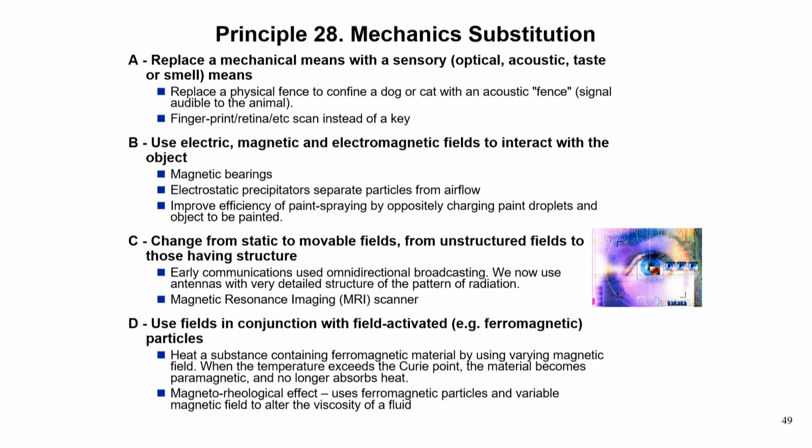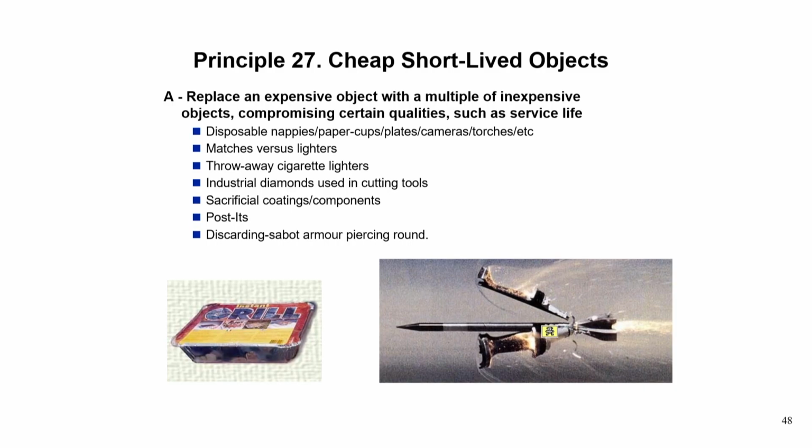So, that means if I can somehow think of a different way of opening or closing of the spec, I can actually make it stronger. And 27 is cheap short lived objects. So, people have utilized cheap short lived objects so that you can keep on changing, right. At least there is one object in the spec, you think of it, which is cheap and short lived.